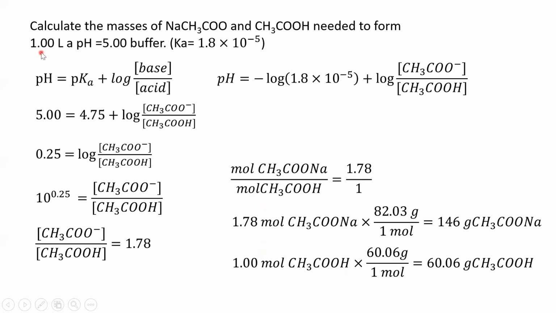Well, if we took a 1 liter solution that contains 60.06 grams of acetic acid and 146 grams of sodium acetate, mixed together, the pH of that buffer solution is 5.00.